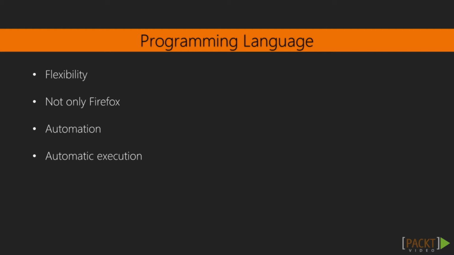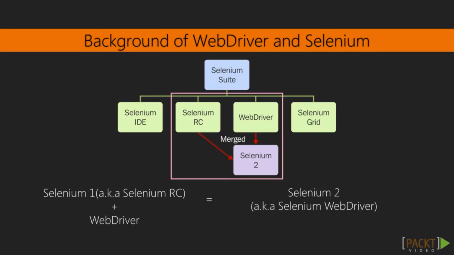In the previous section, we discussed that Selenium IDE was a place to start, but not a place to stop. WebDriver is the place to continue after Selenium IDE. WebDriver is the result of merging two competing projects that solved the same problem: the control of a web browser remotely.